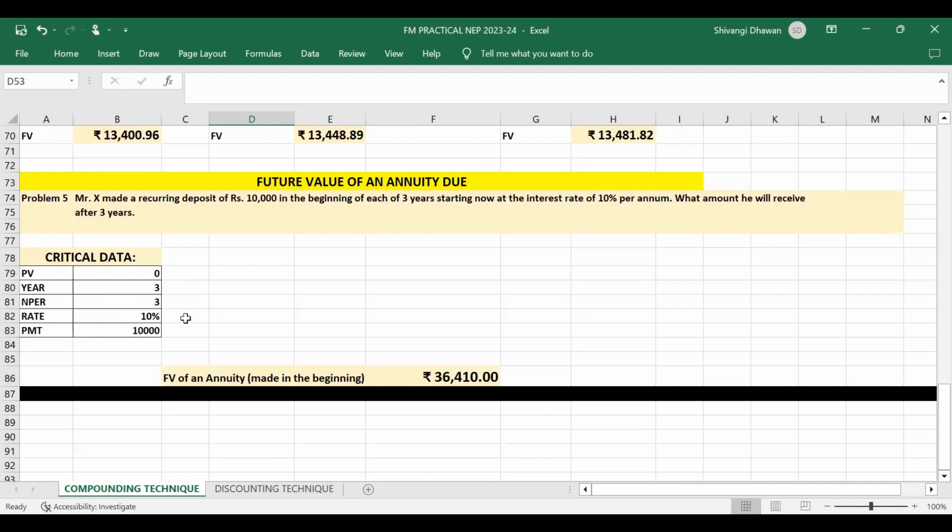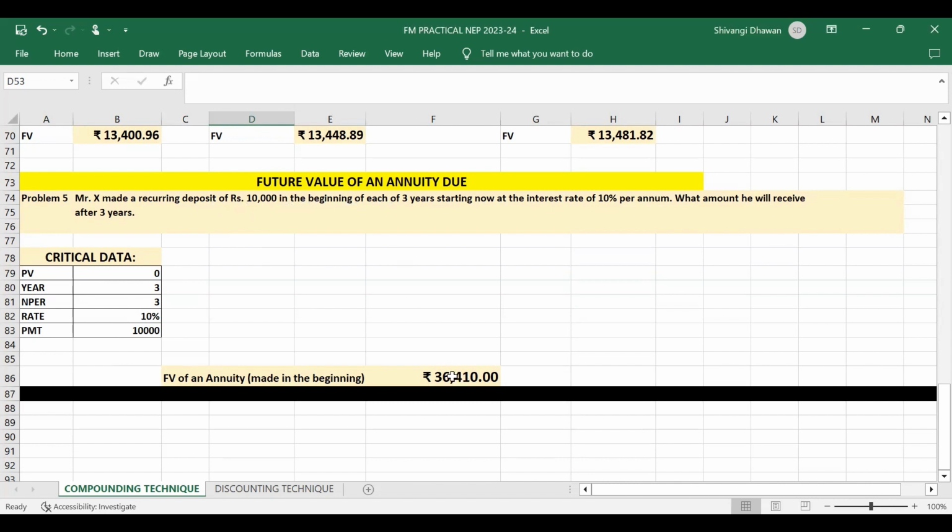Everything is same. The only difference is the timing of that investment. In the earlier question, when it was the case of ordinary annuity, it was at the end of each year. But in case of annuity due, the recurring deposit is made in the beginning of each year.